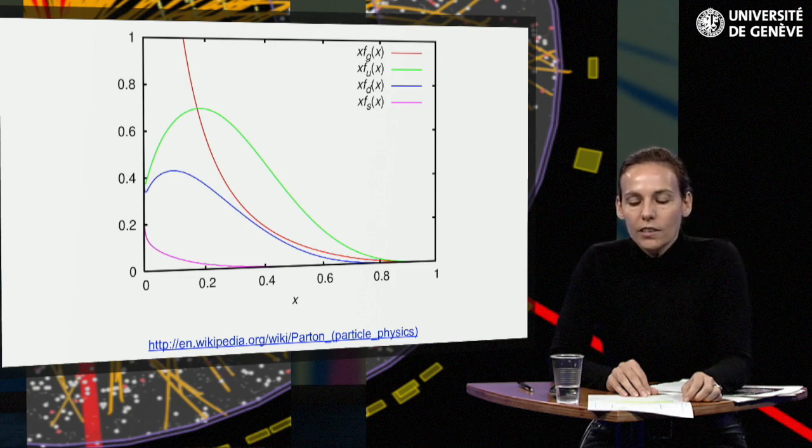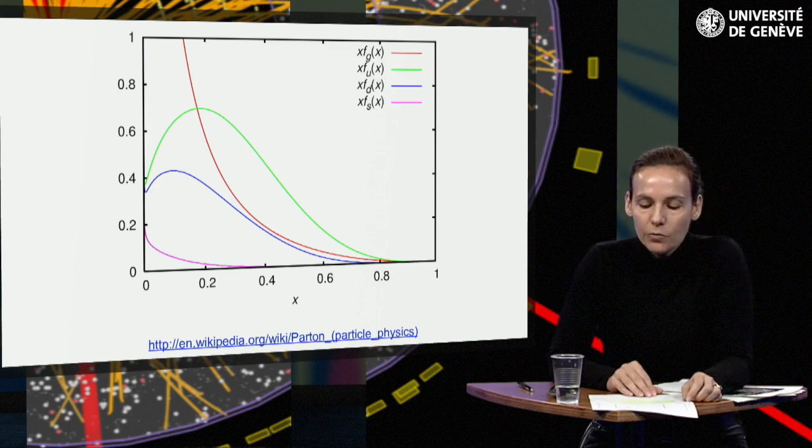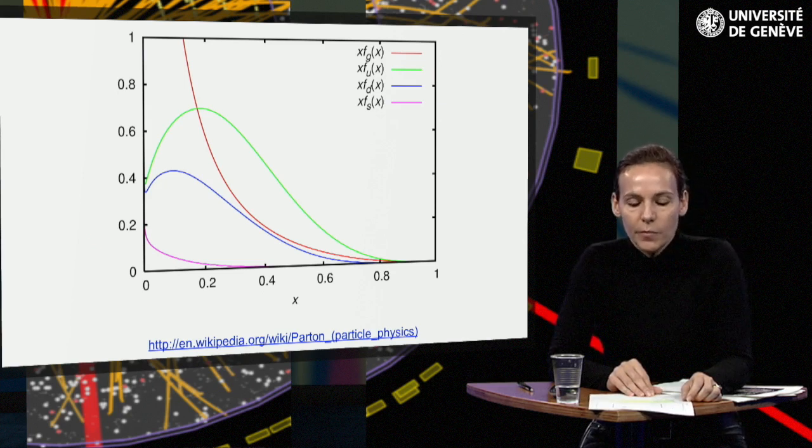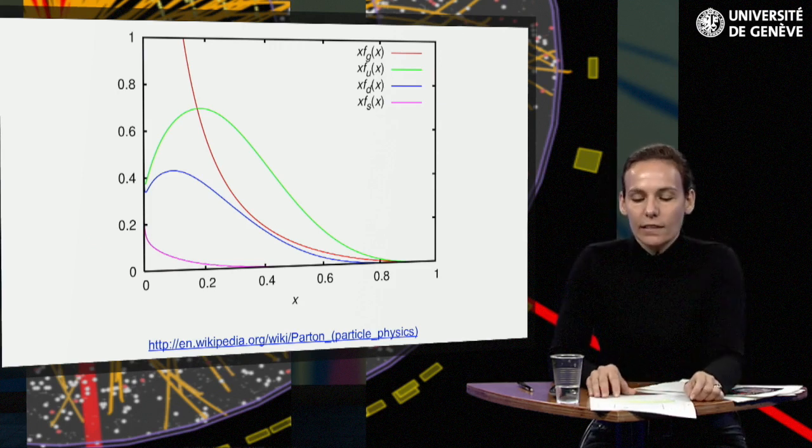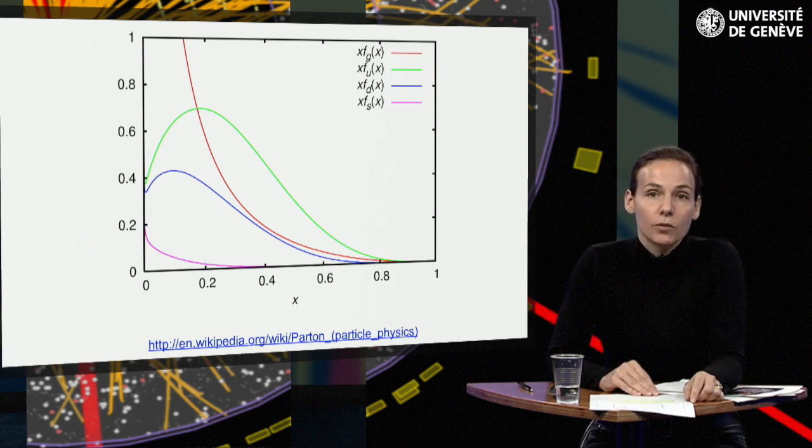The integral of the distribution is twice as large for the up quark than for the down quark, as it should be. The contribution of gluons is indeed seen in the contribution of s and s-bar quarks, which would not be present in the nucleon otherwise. When integrating this distribution, we see that only about 1/2 of the proton momentum is carried by quarks. The rest is carried by gluons.